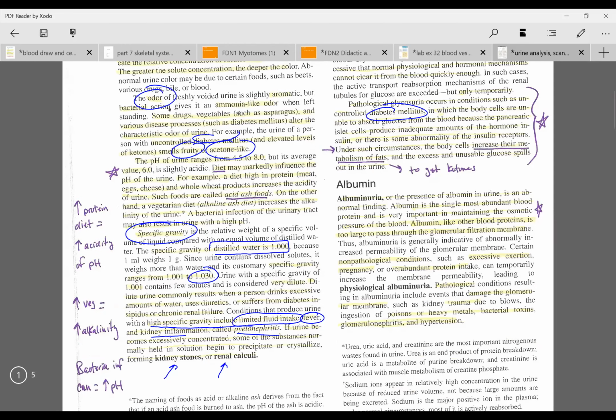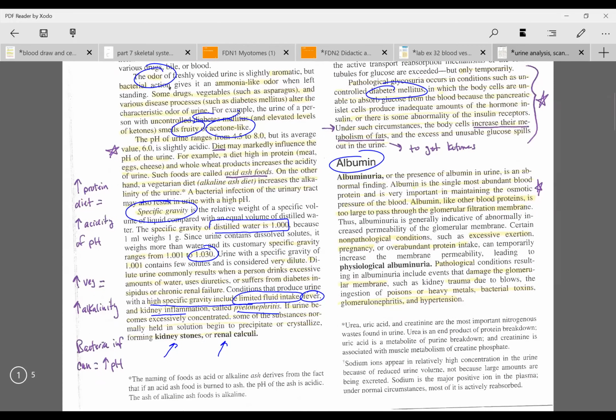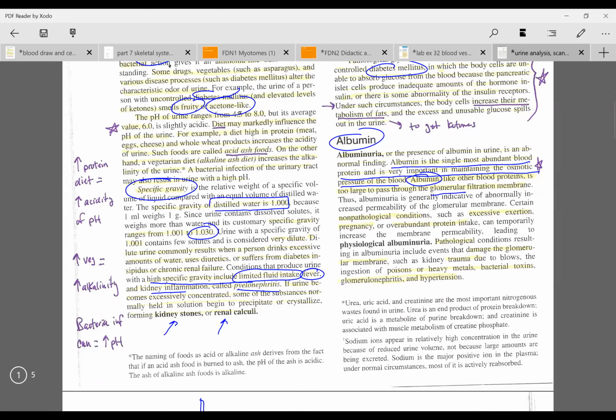Okay, albumin, which is a protein, so the presence of albumin in the urine is not normal. Albumin is the single most abundant blood protein, and it is very important for maintaining the osmotic pressure in the blood. Albumin is large. It should not go through the glomerulus area, those podocytes and all that stuff we looked at earlier.